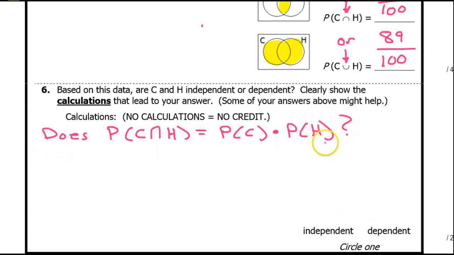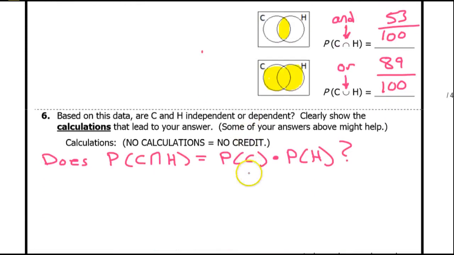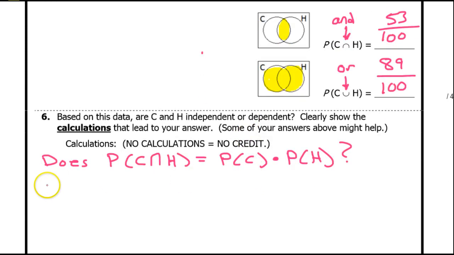This is the question that we're asking ourselves. But we have all of these numbers right here. The probability of C and H is right here. It's 53 out of 100.